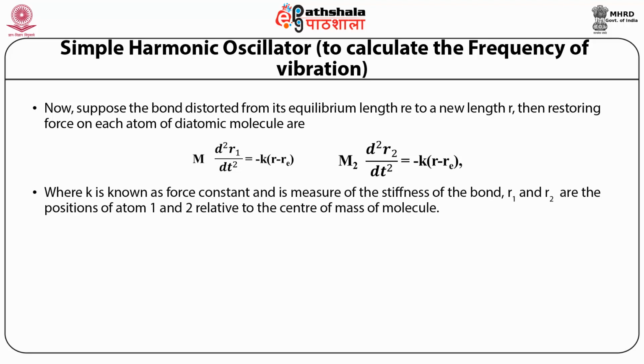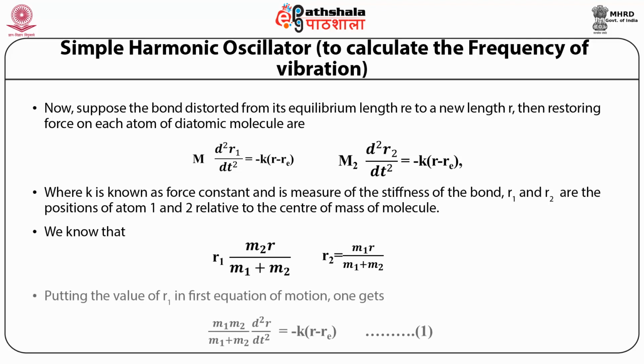R1 and R2 are the positions of atom 1 and atom 2 with respect to the center of mass of the molecule. And we know that R1 = m2r/(m1 + m2) and R2 = m1r/(m1 + m2).